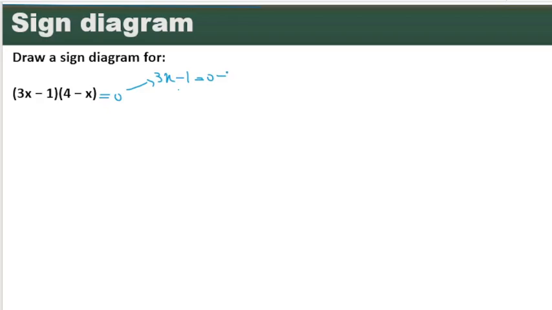So I say the first parenthesis must be 0, which gives me 3x equals, if I bring 1 to the right side and then divide both sides by 3, x equals 1/3. And then the second parenthesis equals 0, which is 4 minus x equals 0.